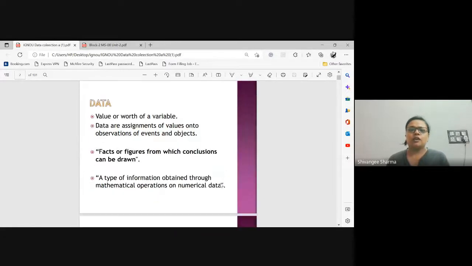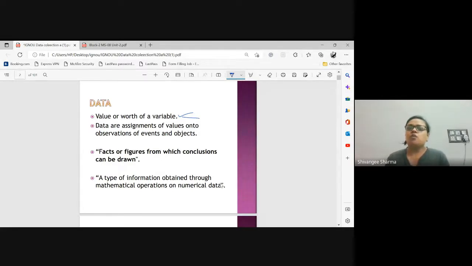So, when we talk about data, data is the value or worth of any variable. Here, the variable is basically related to any quantity or any aspect which you are studying. Like, if you are studying the relationship of demand and price, then demand and price both will be treated as variables.